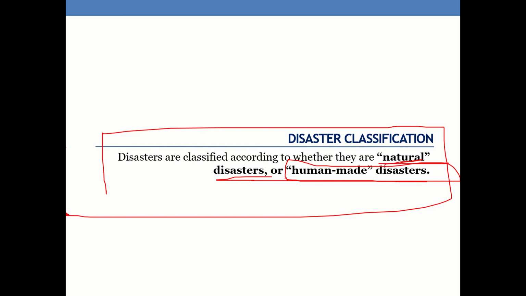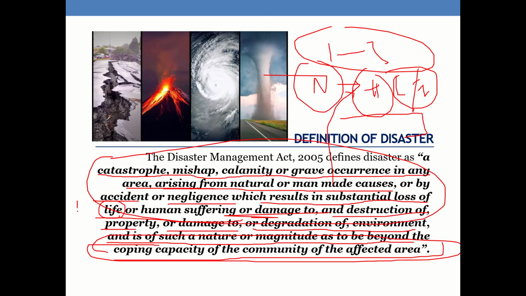In our subject, in your curriculum, what is written is primarily on natural disasters. That is what we will be trying to understand, as far as this particular Act is concerned.